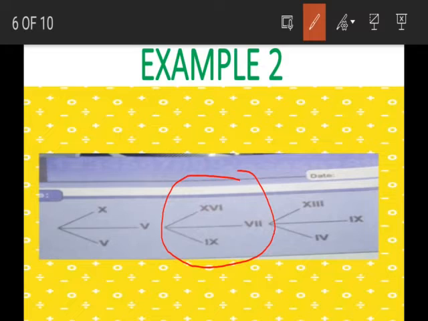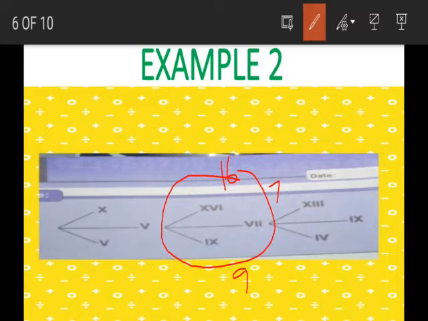And what is IX? Okay, XVI is what? It is 16. VII is 7. And IX is 9. Good. So now that I know the value, what is the code behind these numbers?